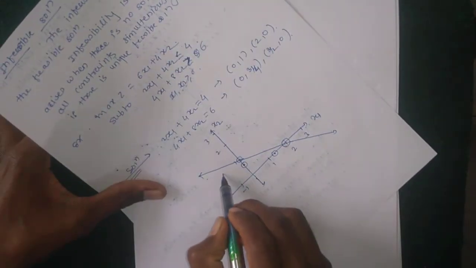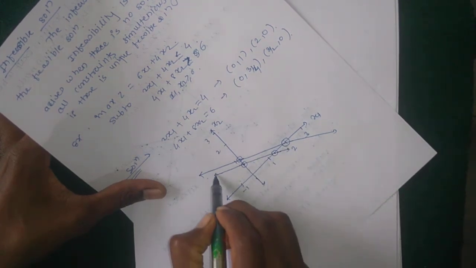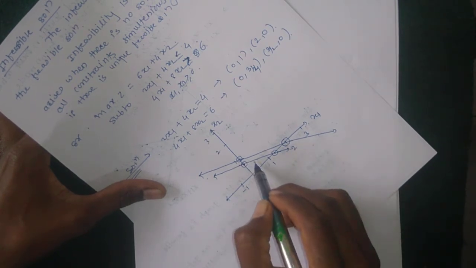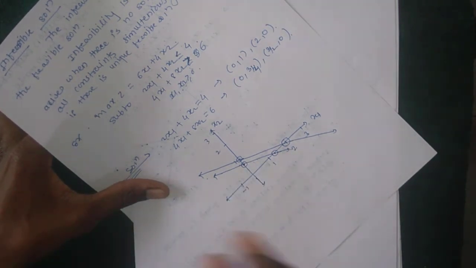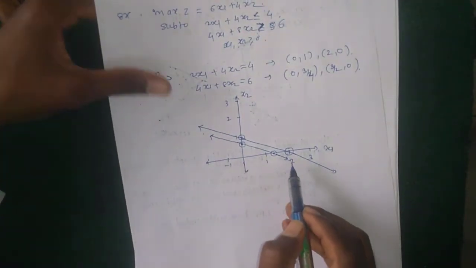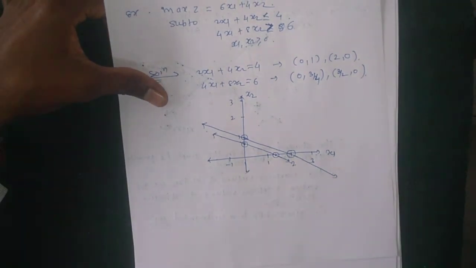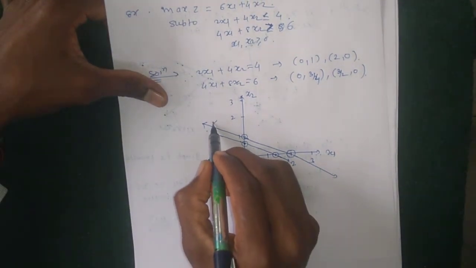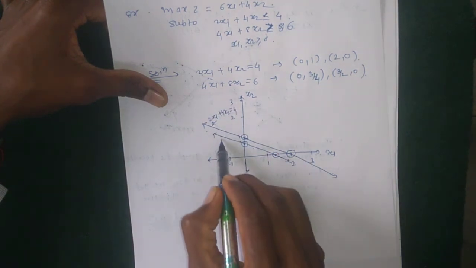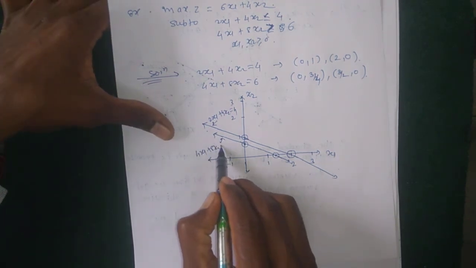These two lines are parallel. They do not intersect each other at any point. The first line is 2x1 plus 4x2 equal to 4, and the second line is 4x1 plus 8x2 equal to 6.